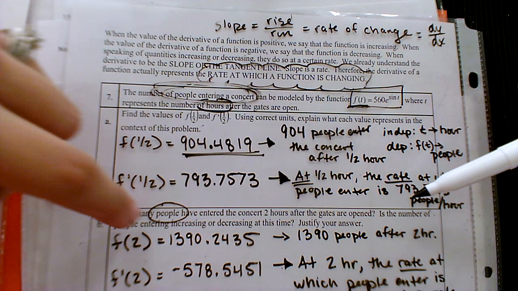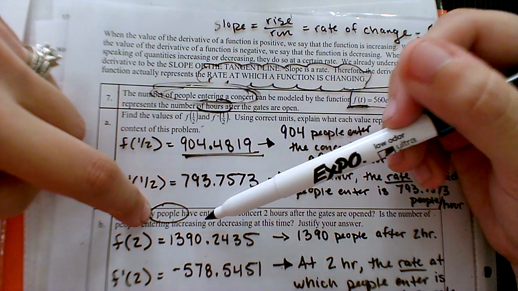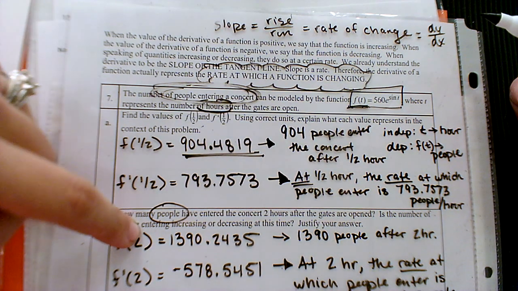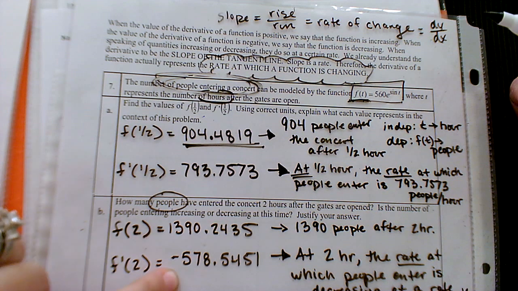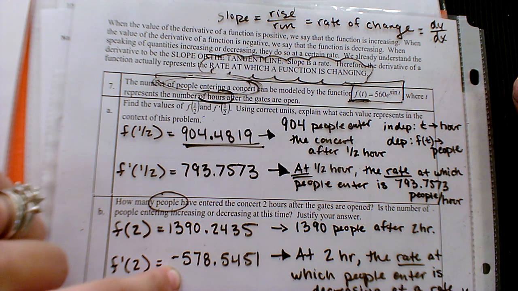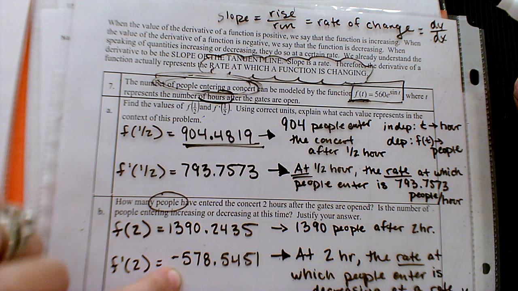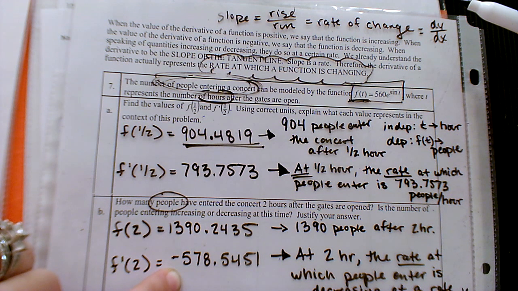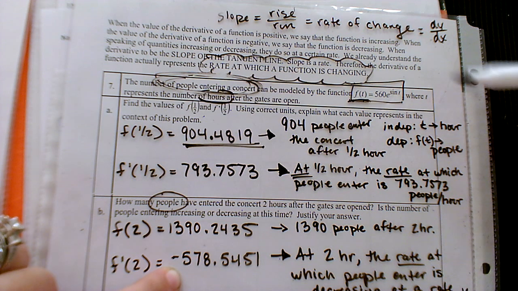Just look at the question. Is the number of people entering increasing or decreasing at this time? So you're still entering the concert. It's just the rate at which you are entering. You're slowing down. The rate at which people are coming in is slowing down compared to a previous point in time. So it's not about the number of people entering, it's the rate at which they're entering. The rate is slowing down.